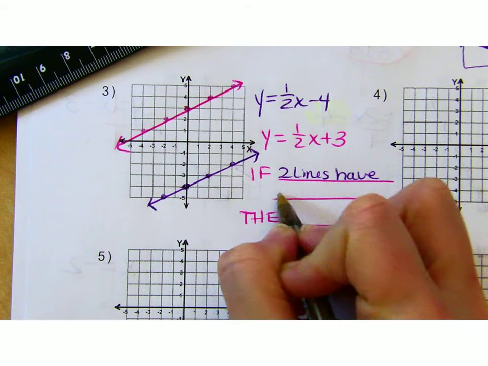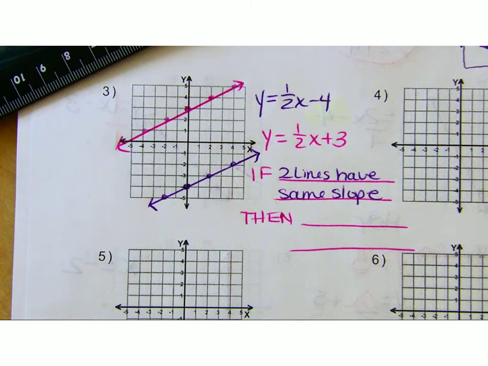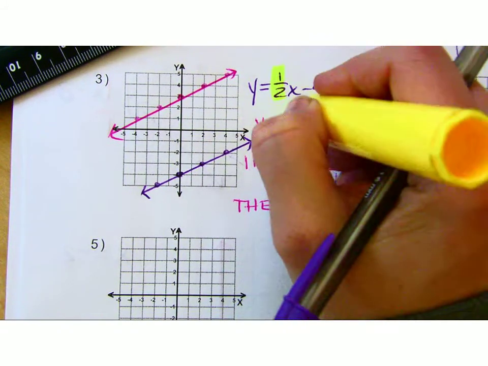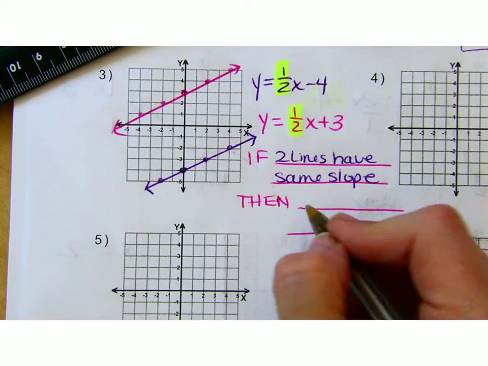Anybody start with that? If 2 lines have the same slope, which by the way, 1/2 and 1/2 are the same slope, then what? You can guarantee every time what, Declan? Then they are parallel to each other.